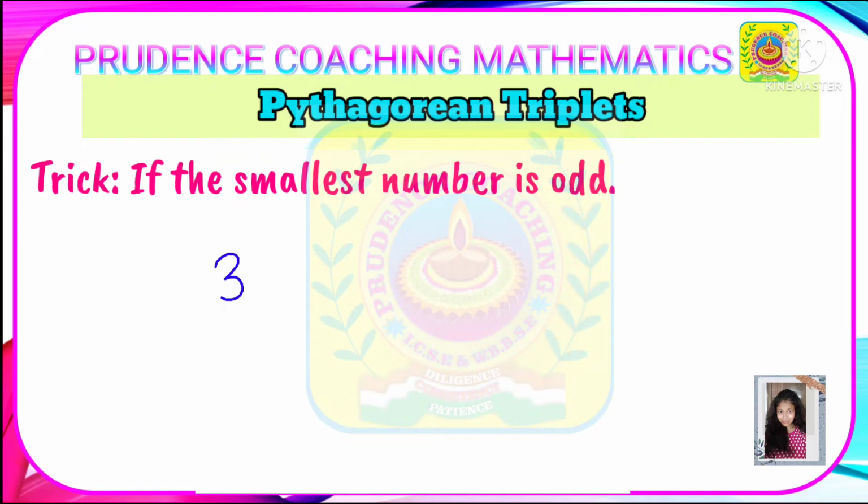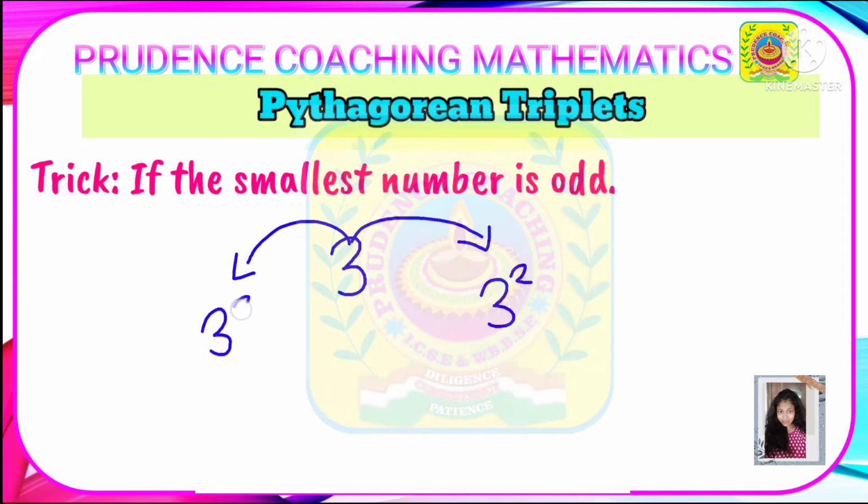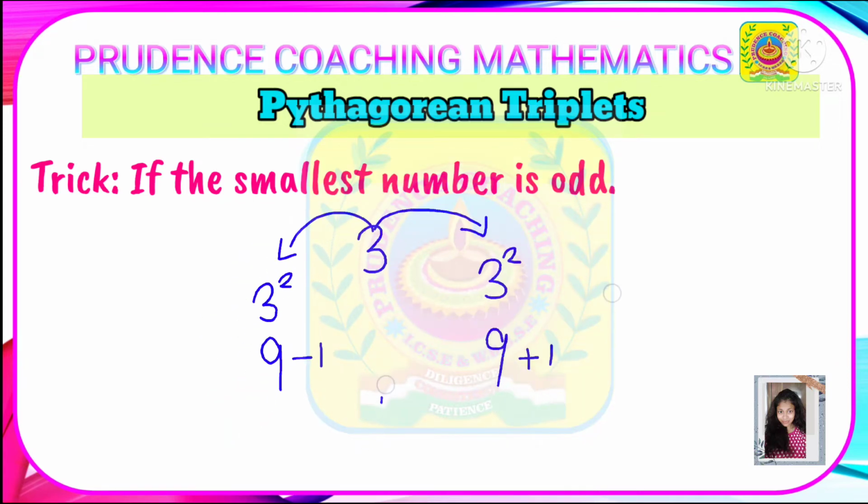First we need to find the square of 3. Square of 3 means 3 square. We do the same thing two times. So 3 square is 9. In both cases we have got 9. In one we need to add 1, and in the other we need to subtract 1.